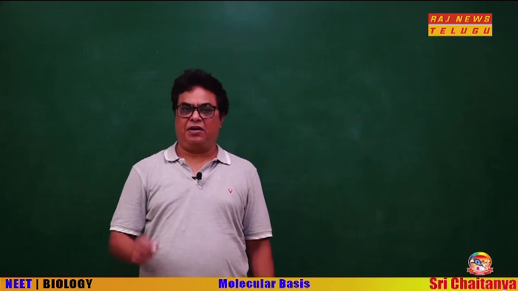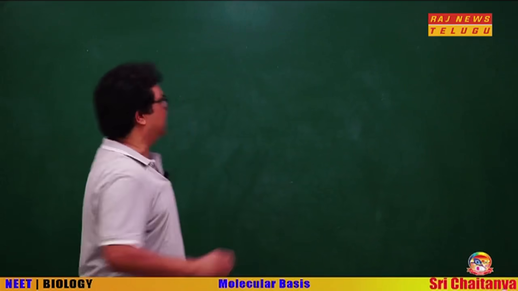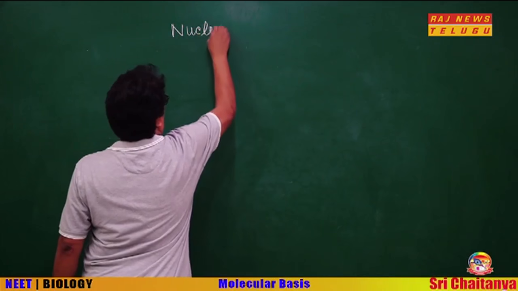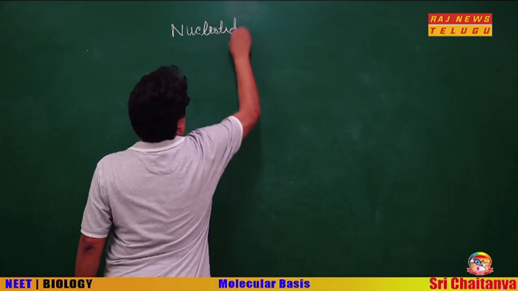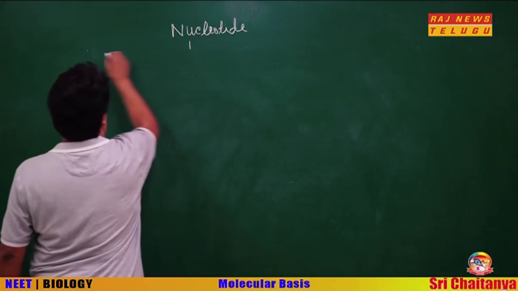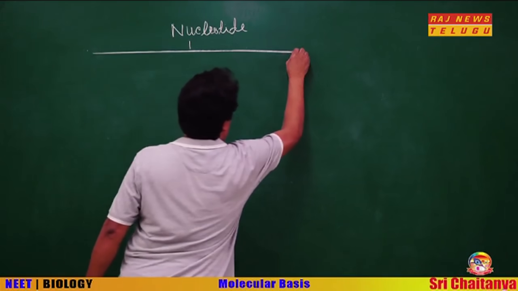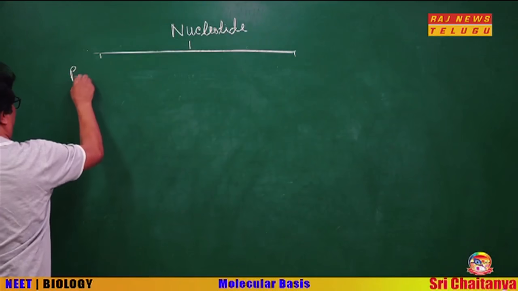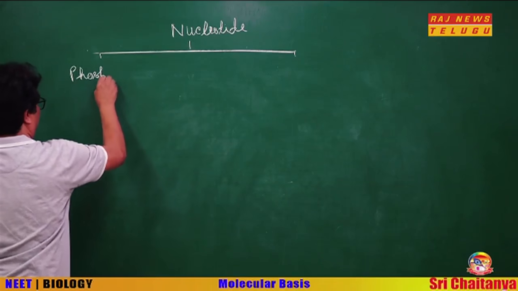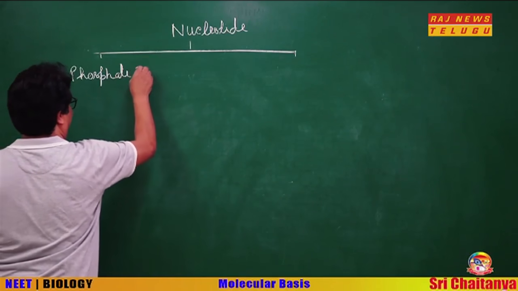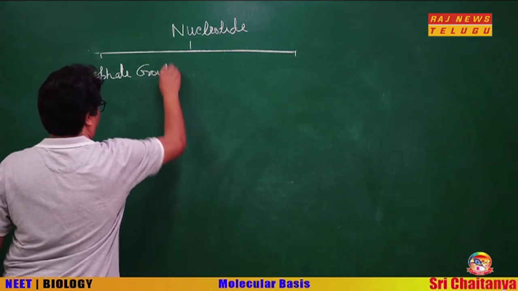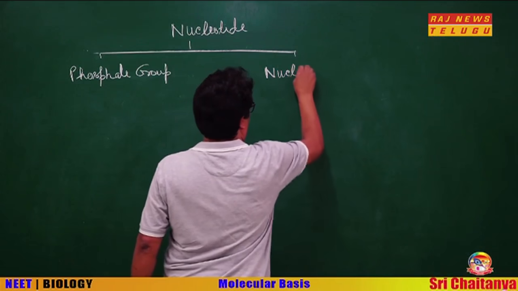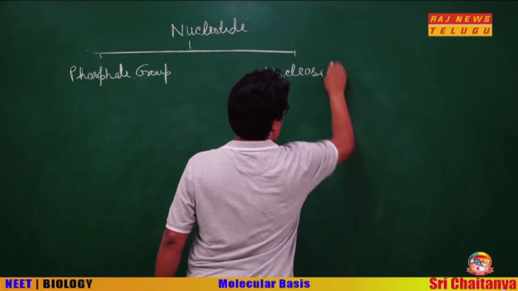Okay. Now let us see what is a nucleotide. Nucleotide. It has two components, a phosphate group, and a nucleoside.